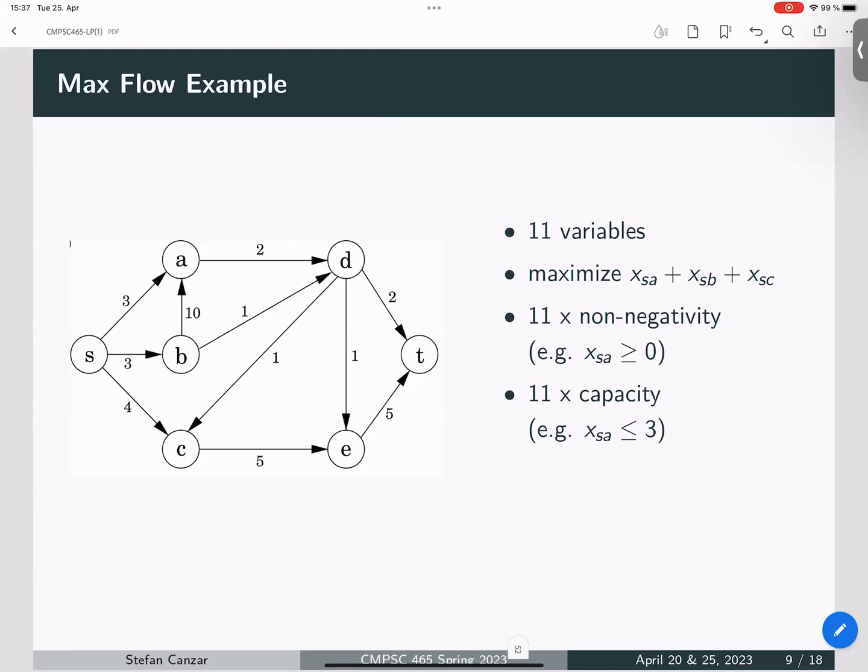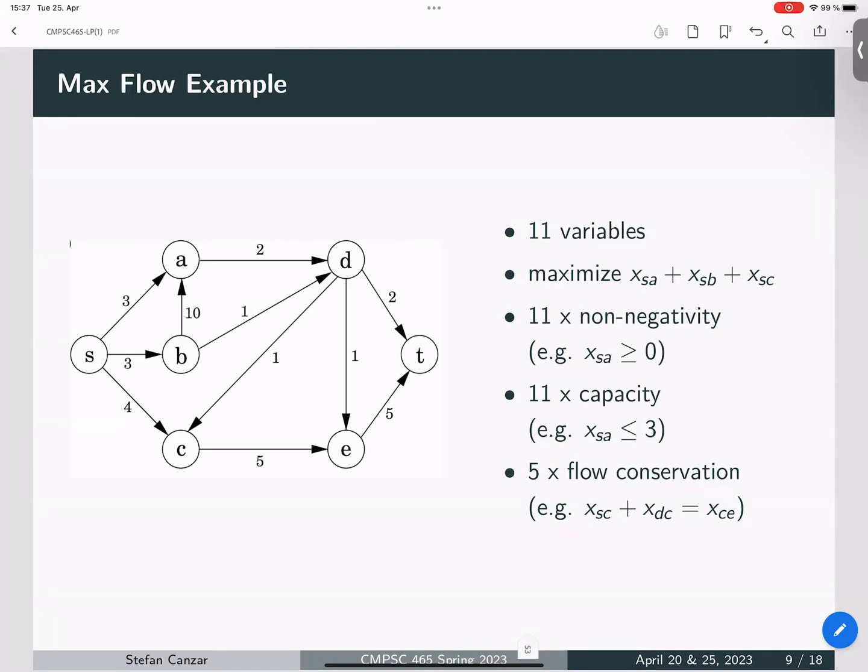We create one such constraint that would look like this. So for example, for vertex C, you would sum up the two edges that come in, XSC plus XDC, which must be equal to XCE, the flow leaving this vertex. And we do this for all nodes in this network. And this gives us a linear program.